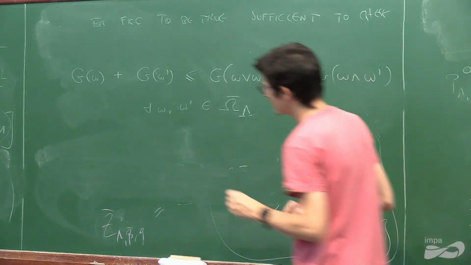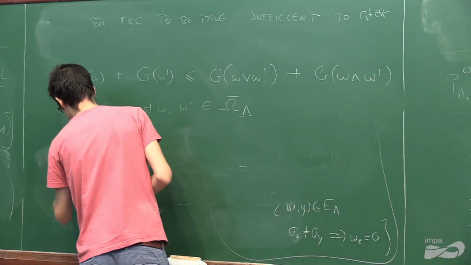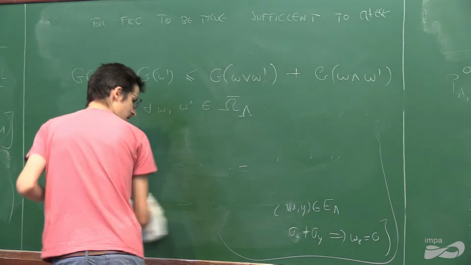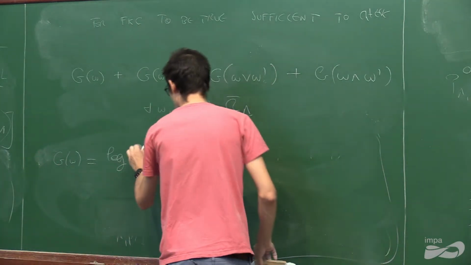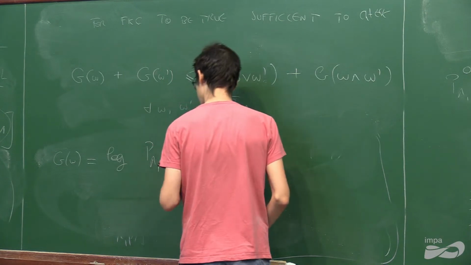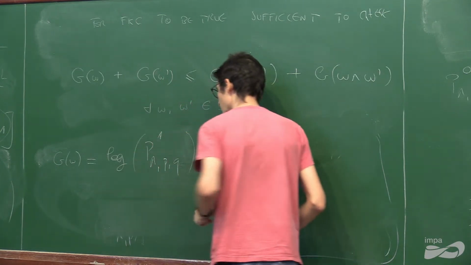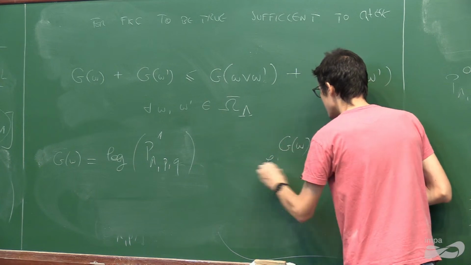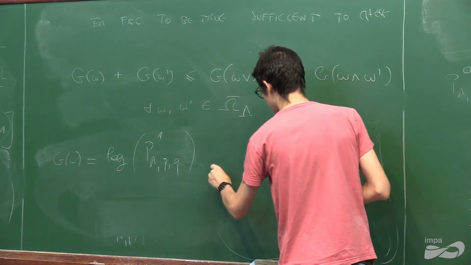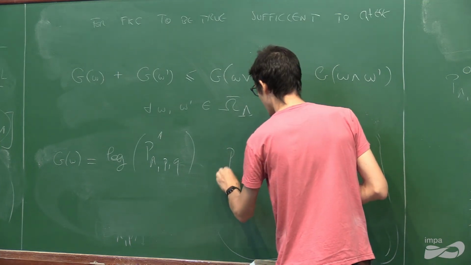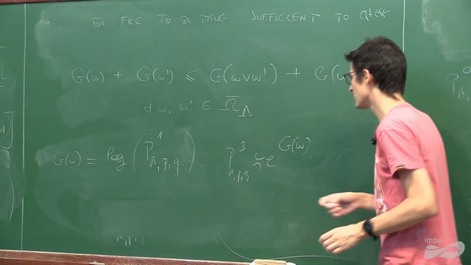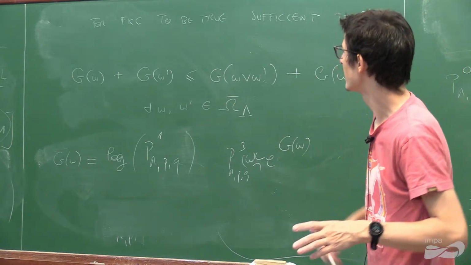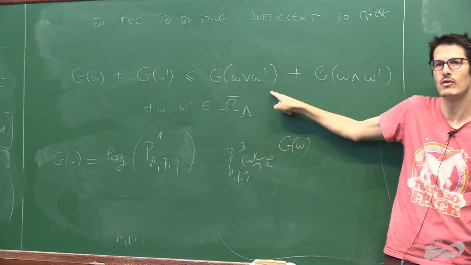Where G is just the log of P lambda PQ. What you want to say is that if the probability of a configuration is proportional to exponential of G of omega, and if this inequality is true, then FKG is true.